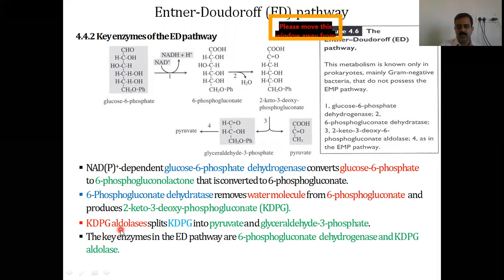KDPG aldolase splits KDPG into pyruvate and glyceraldehyde 3-phosphate. This is the reaction. The key enzymes of the ED pathway are 6-phosphogluconate dehydratase and KDPG aldolase. So ultimately it gets converted into pyruvate.